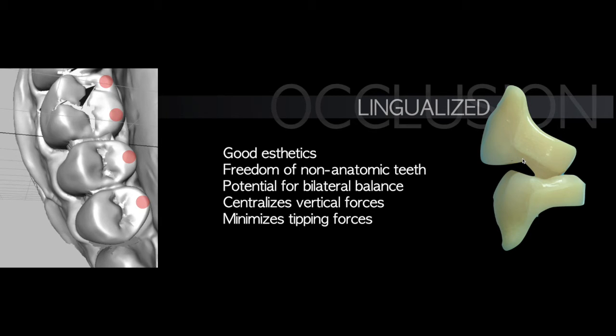It also provides the freedom of non-anatomic teeth, meaning that due to no contact on the buccal cusp, contact is only on the lingual cusp, which provides freedom of movement without locking in a certain position. It also has a potential for bilateral balance, and it centralizes the vertical force.